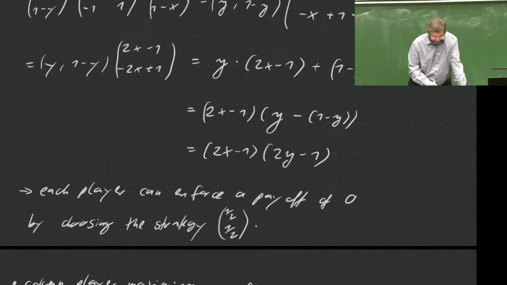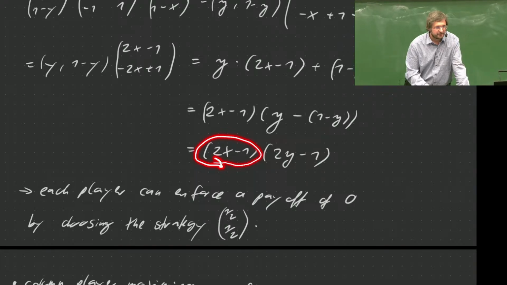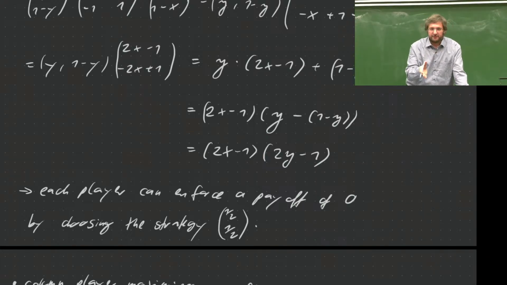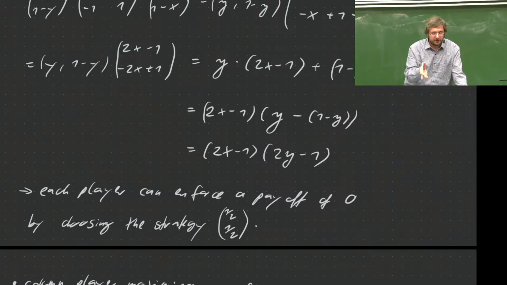Well, what we can see here is the column player will, of course, want a positive payoff. So column player can only influence this part, because x is the column strategy. He has a choice of either making this 0, or positive, or negative. Of course, he will not want to make it negative. He's not interested in a negative payoff. He could make it positive.